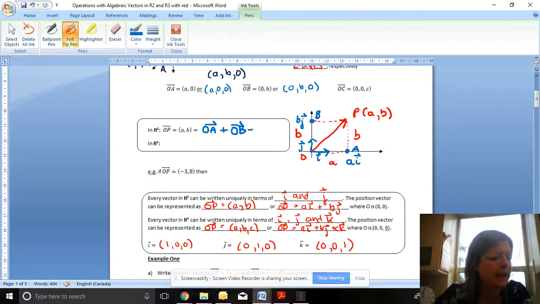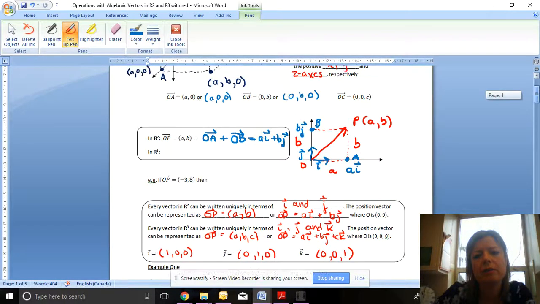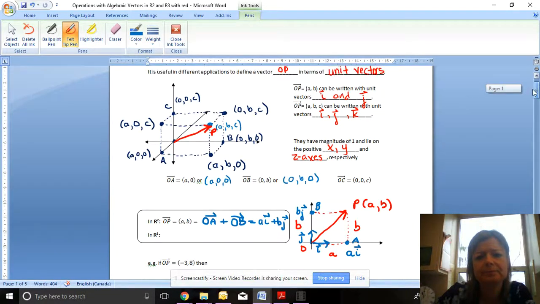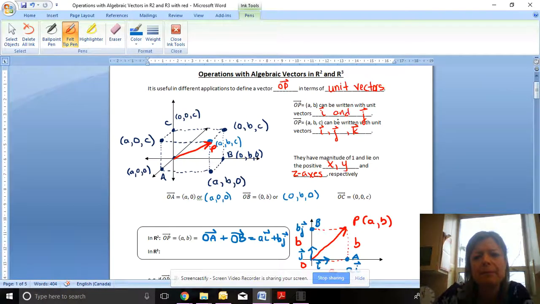Now OA can be written as a i, and OB as b j. So any position vector OP can be written as a sum of 2 scalar multiples of the unit vectors. If we go back up to R3, it says OP can be written with unit vectors i and j. That's what I just did.